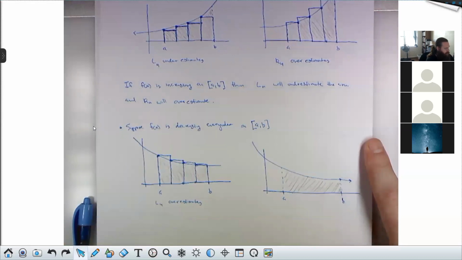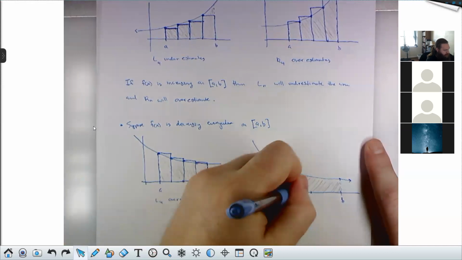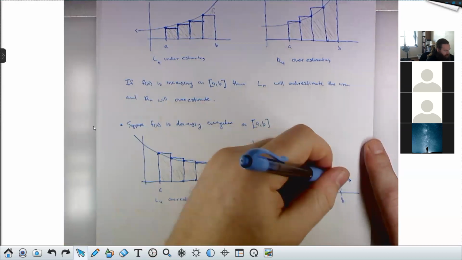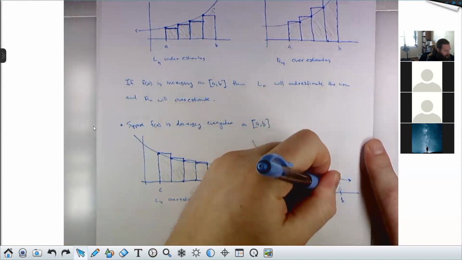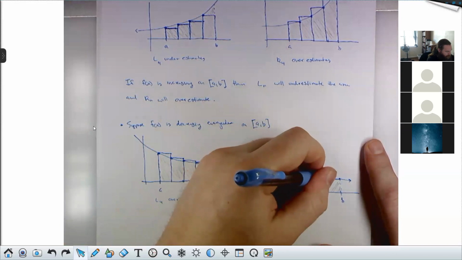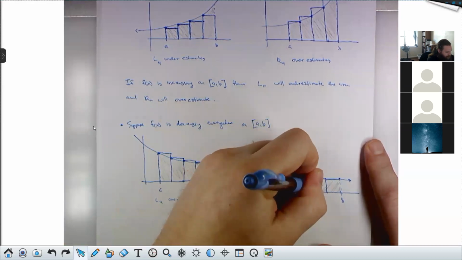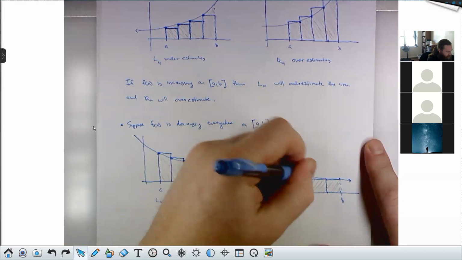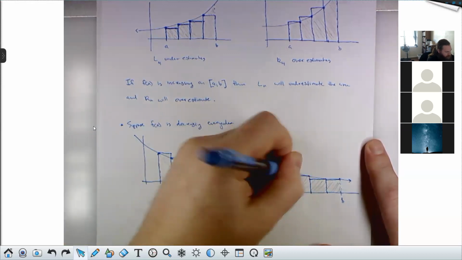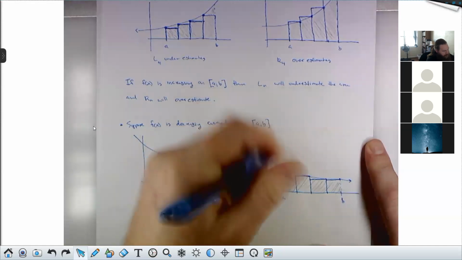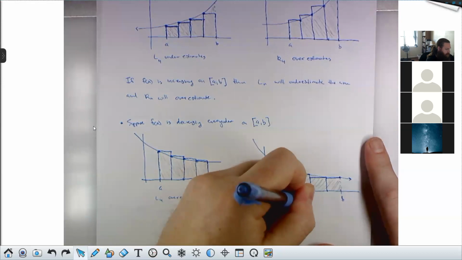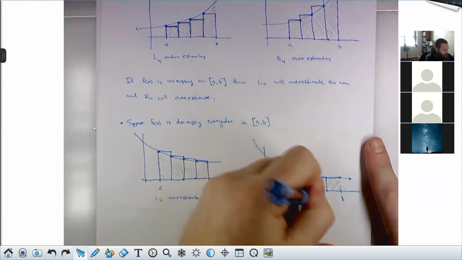It also depends on whether your function is increasing or decreasing. R4 here underestimates.